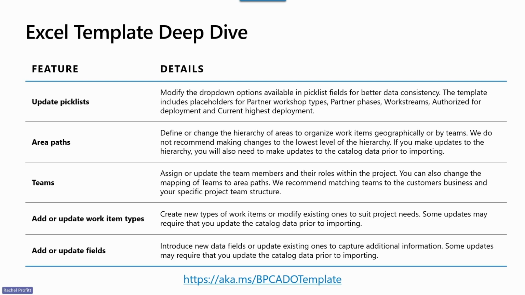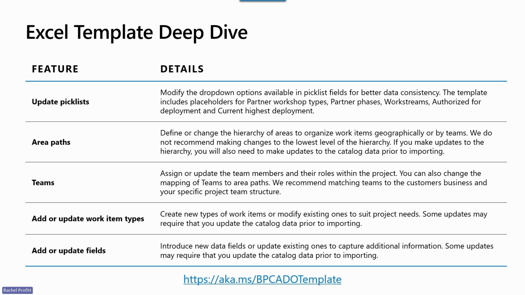So for that reason, we recommend that you generally don't rename those work item types unless it's absolutely necessary. But if you need to add new work item types, you can simply insert another row. You can also update the existing ones to change which fields show up on a particular work item, and that controls what happens in the script.